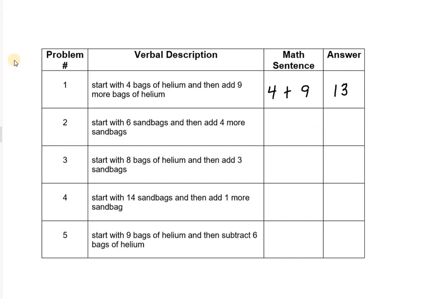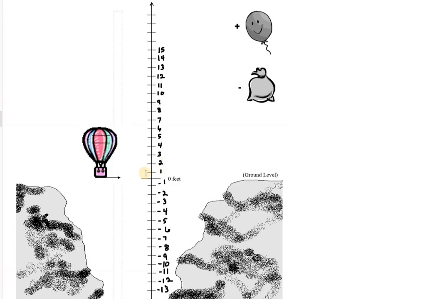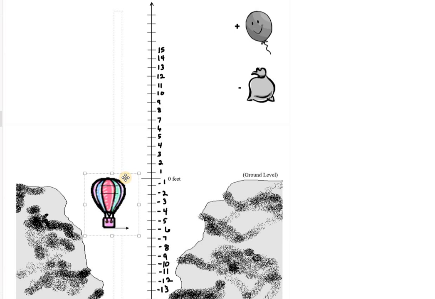Problem number 2. We're going to start with 6 sandbags. So I'm starting with negative 6. And then I'm going to add 4 more sandbags. So negative 6 plus negative 4. So again, my balloon is starting here at 0. We have 6 sandbags, which will put me down here at negative 6.